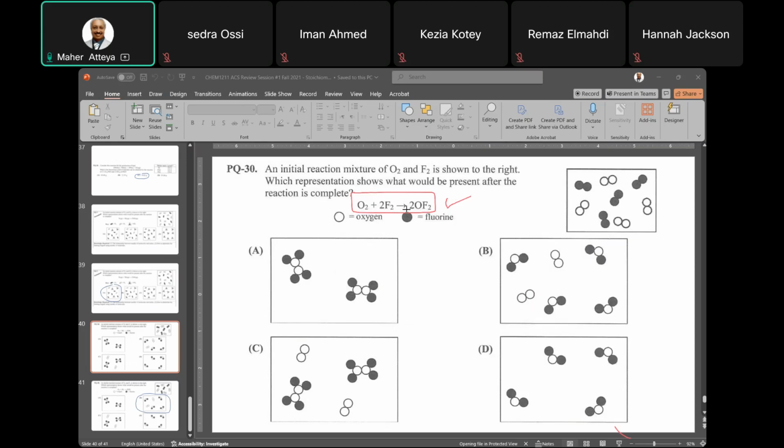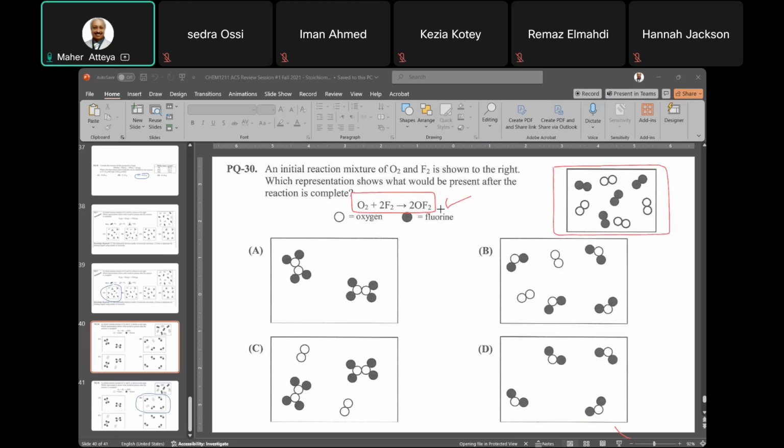Now, which of those pictures is what we are looking at? That's our key here. The black ones are fluorine and the white circles are oxygen. The fluorine and oxygen molecules come together, mix, and then produce OF2, oxygen difluoride.